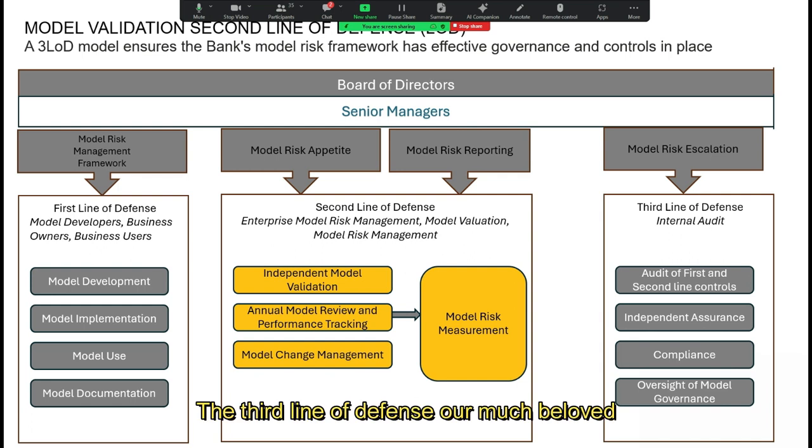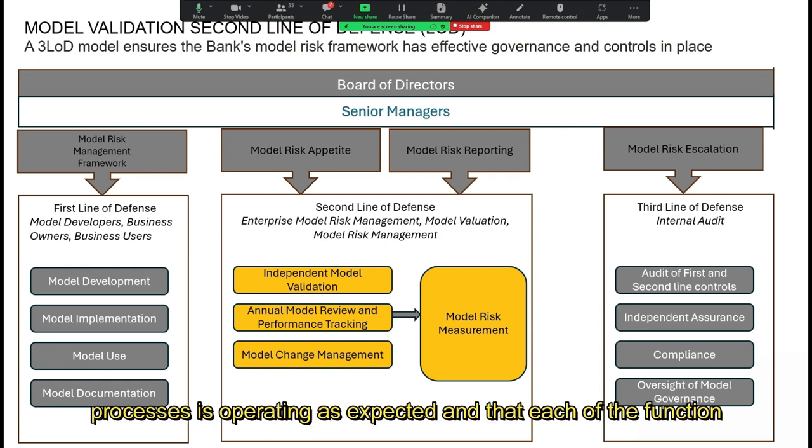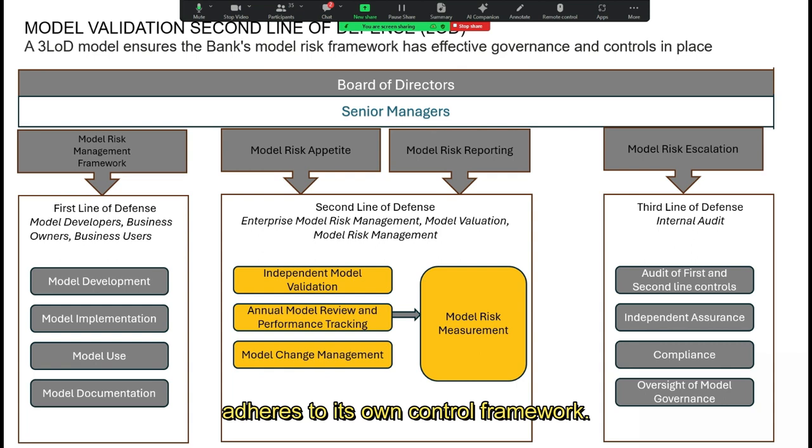And then the third line of defense, our much beloved audit, is responsible for reviewing the first and second line of defense controls to ensure that each of the native processes is operating as expected, and that each function adheres to its own control framework.